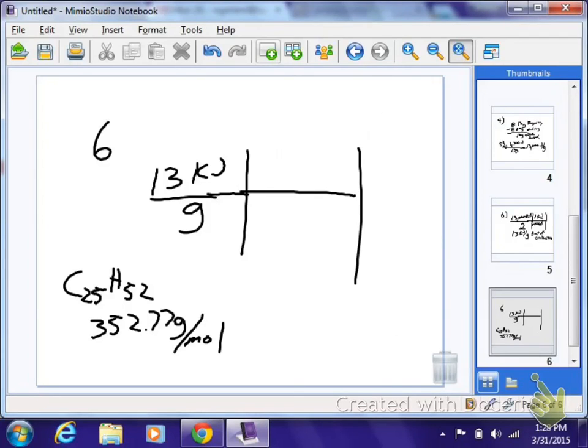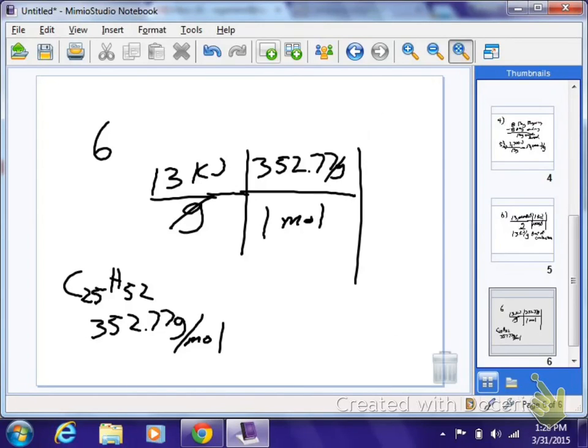So for every 352.77 grams, I have 1 mole. Grams cancel out, and I end up with kilojoules per mole.